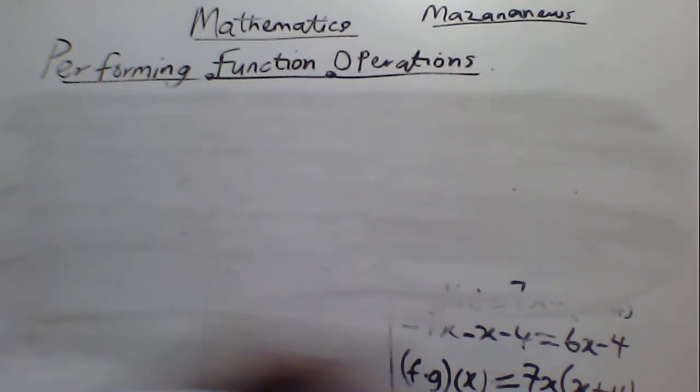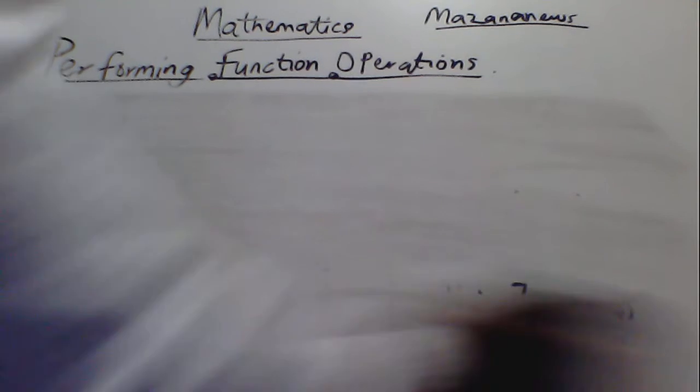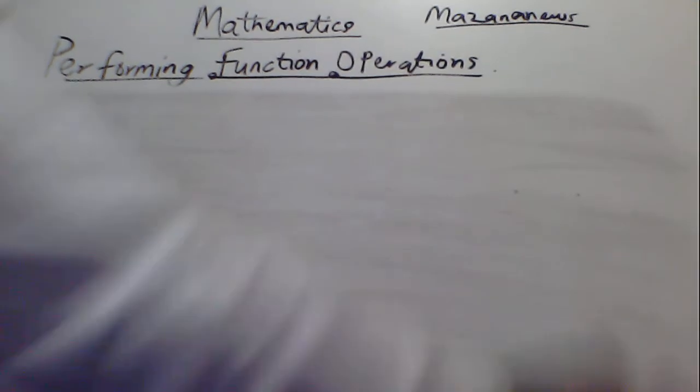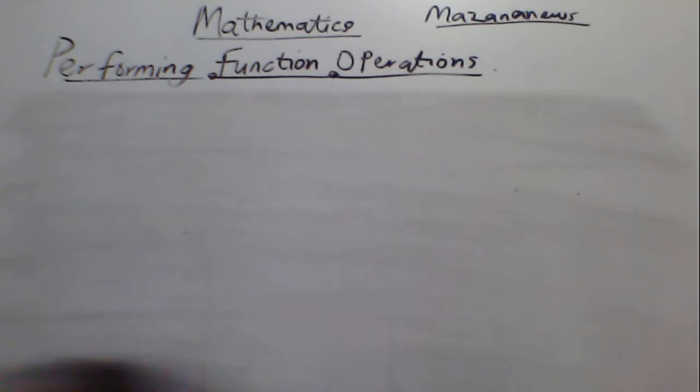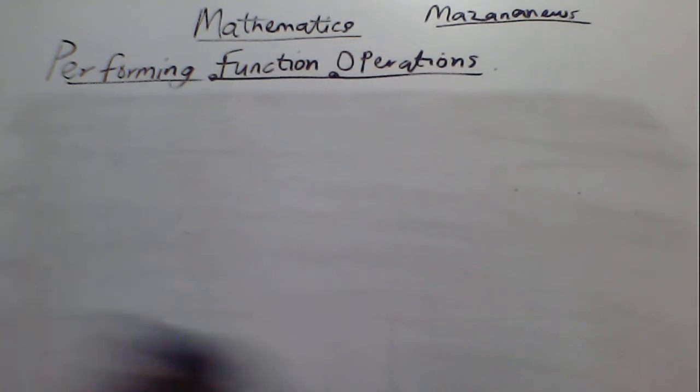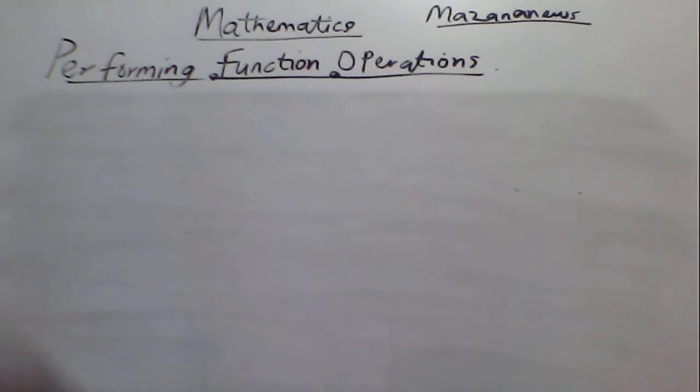Let's solve some examples involving the operations we have created. The examples will be based on f and g, mainly when f is the given function and g may be the inverse or another given function.